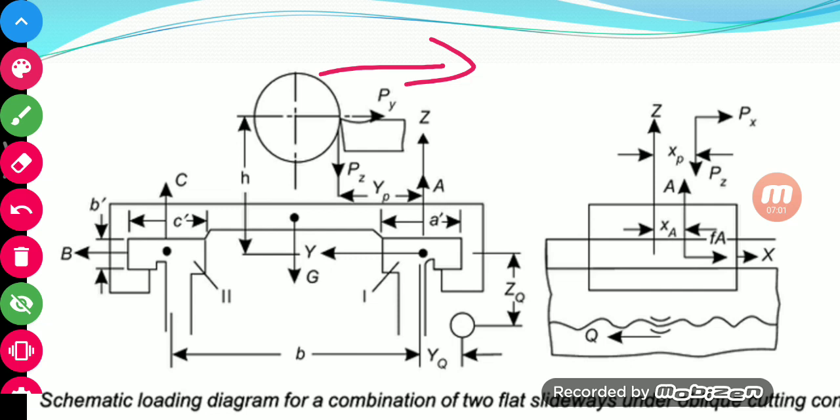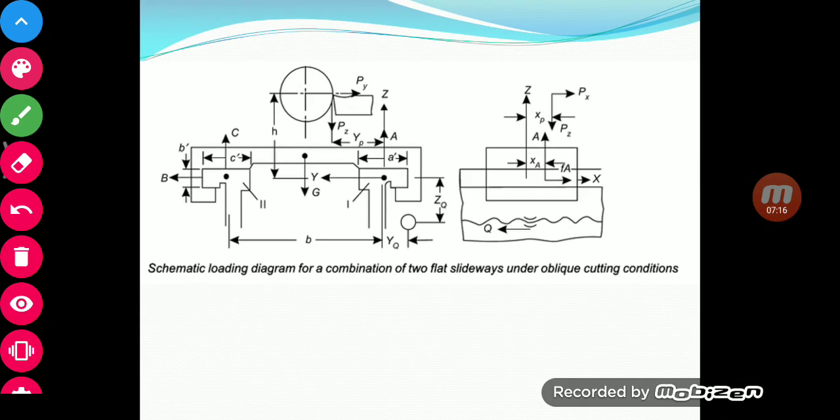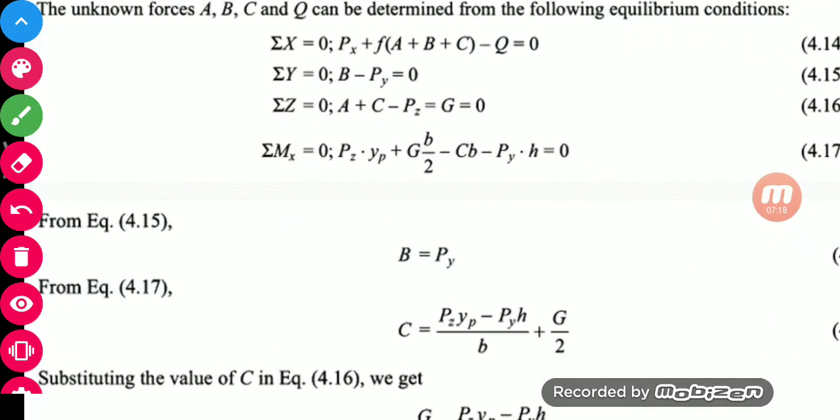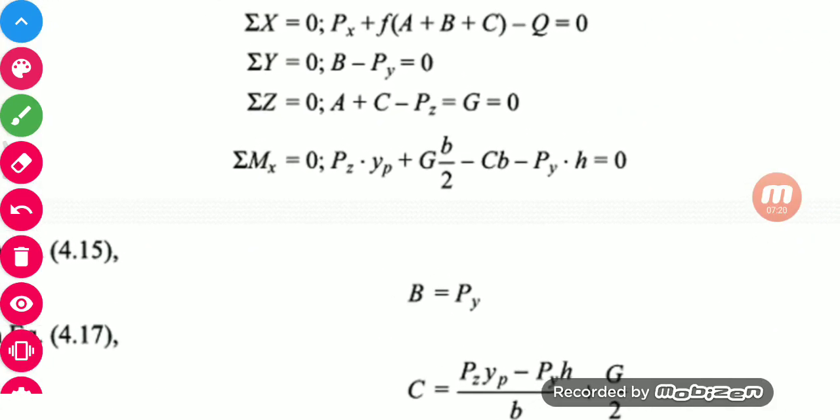Your carriage is being pushed towards the right, and therefore the reaction from the ways is in the opposite direction. So B and Py have to be equal. Therefore we get the equation B minus Py is equal to 0. So that is the equation that we get.